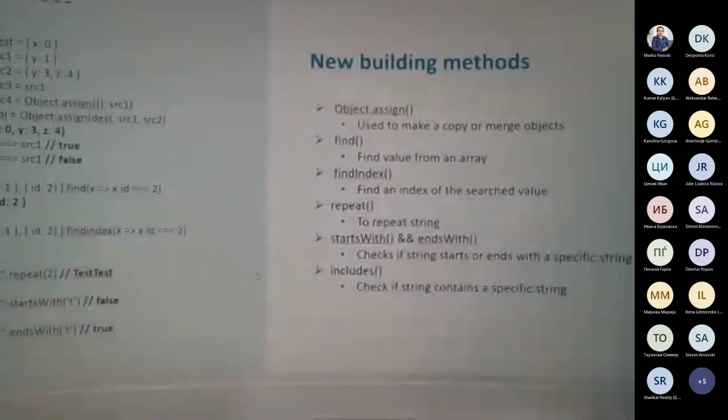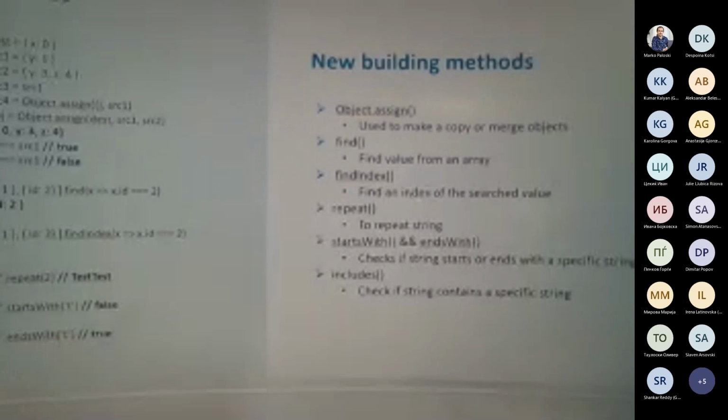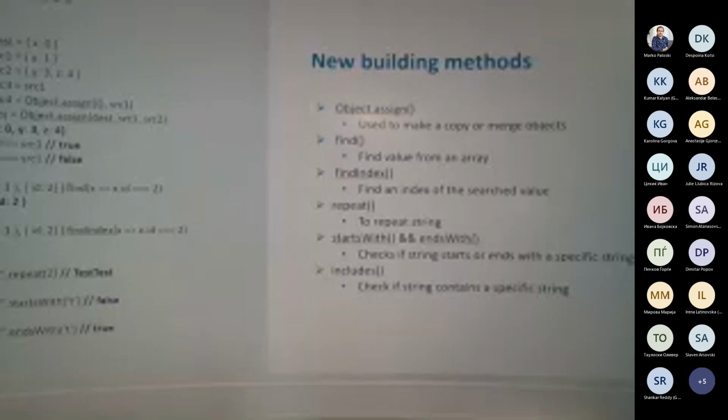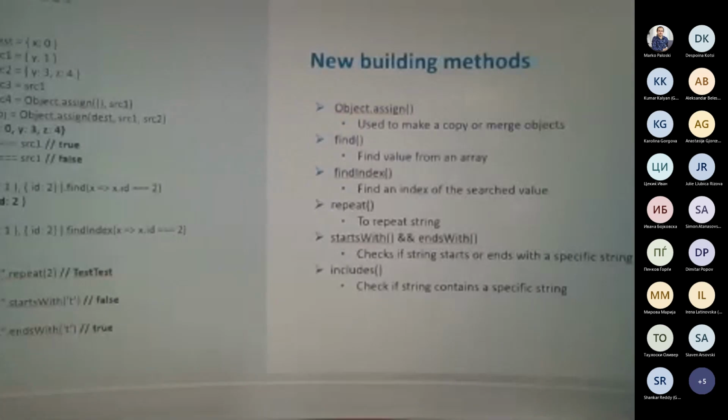I'm not sure if you can see the example here on the presentation. If you have let source3 equals source1, that means those two objects have the same reference, which is not the case with Object.assign, because if you use Object.assign, both objects will have different references.